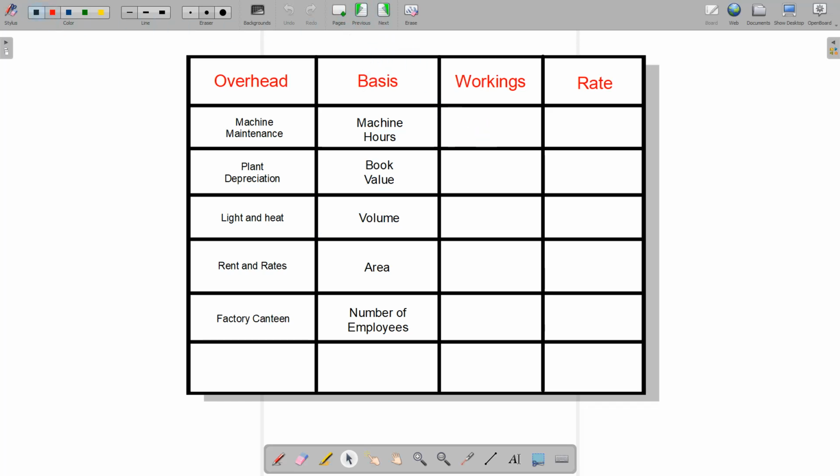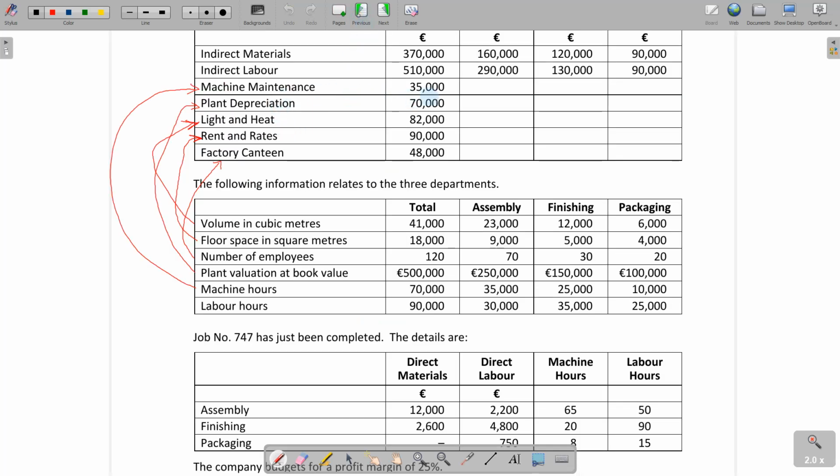So what we're going to do is take whatever the overhead is, and divide it by the basis, and then we'll get our rate. So if you look at the first one, machine maintenance is 35,000 and machine hours is 70,000.